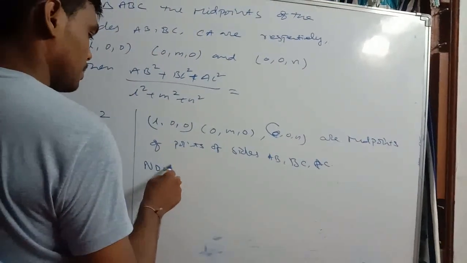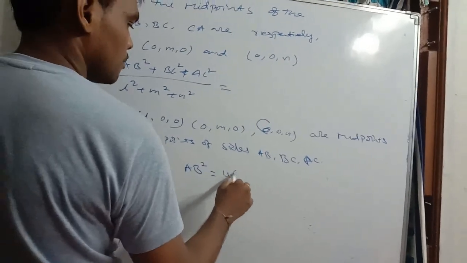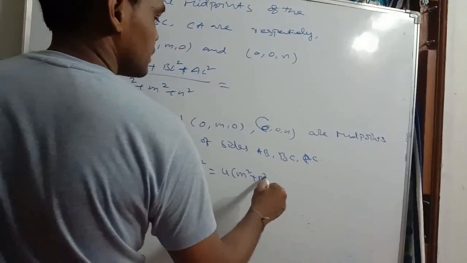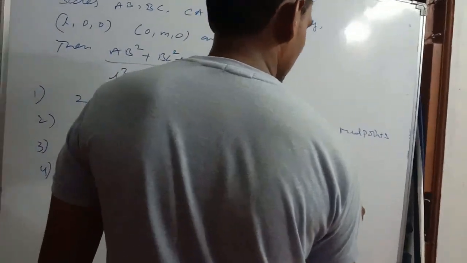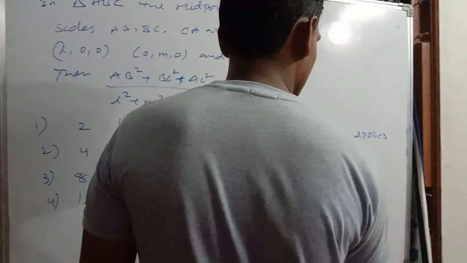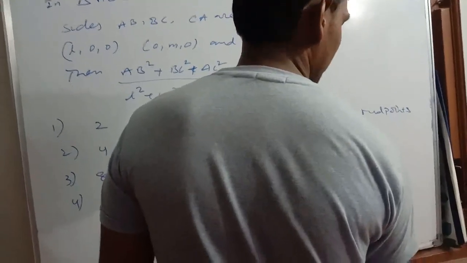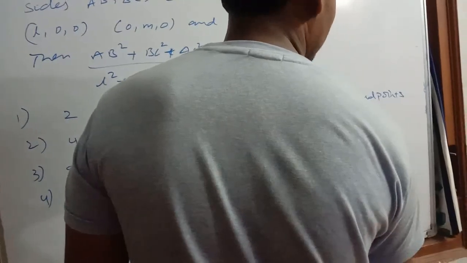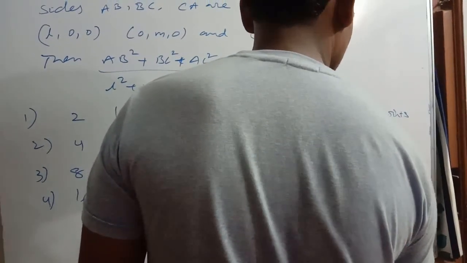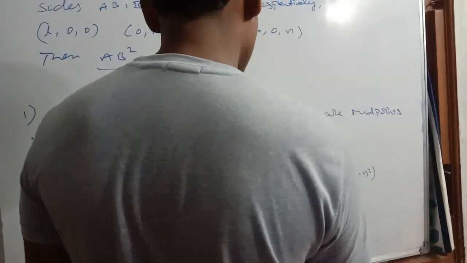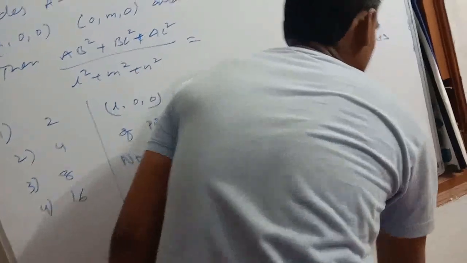Now AB square is equal to 4 of M square plus N square, and BC square is equal to 4 of L square plus N square, and AC square is equal to 4 of L square plus M square.